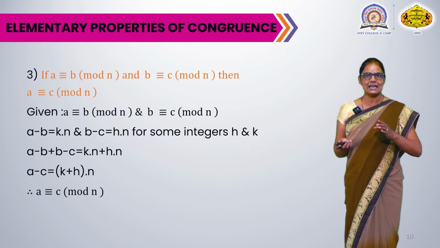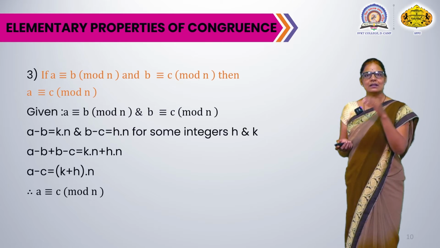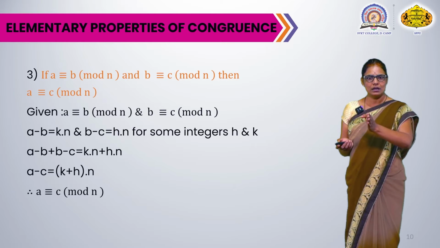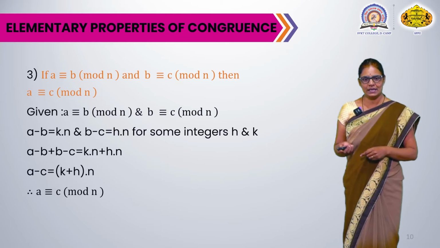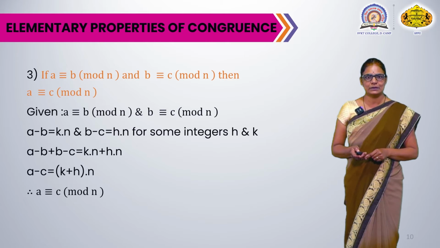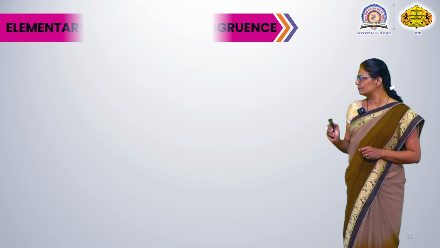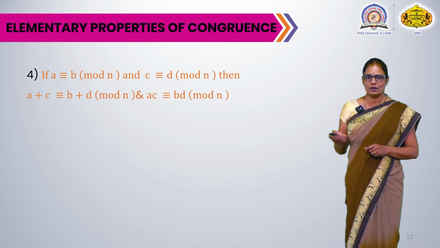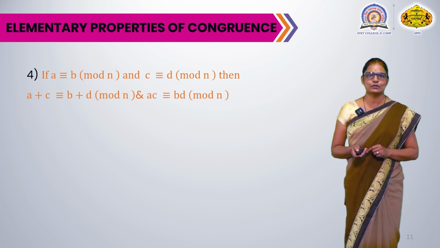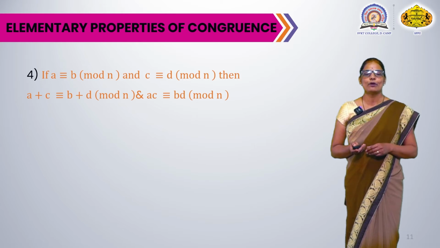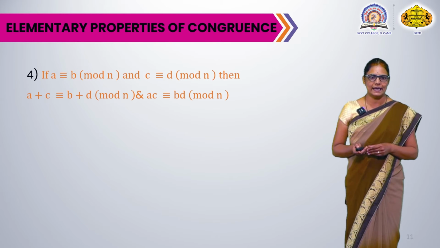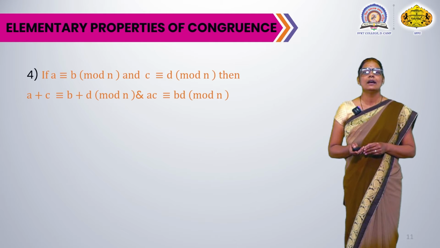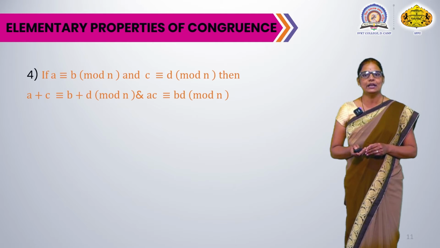So this property says that if the first number is congruent to the second mod n, and the second number is congruent to the third mod n, then the first number is congruent to the third number modulo n. Now let us consider the next property, the fourth one. If a is congruent to b modulo n and c is congruent to d modulo n, then a plus c is congruent to b plus d and ac is congruent to bd modulo n.